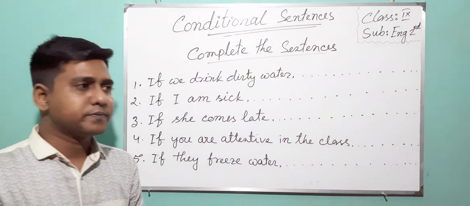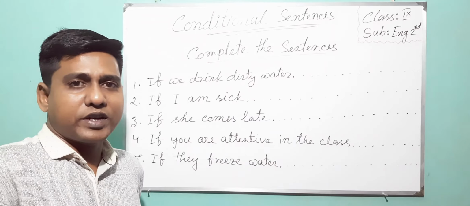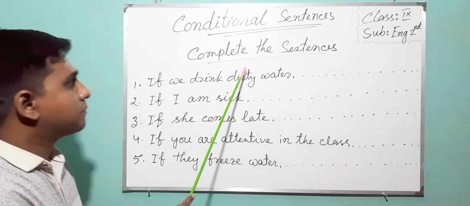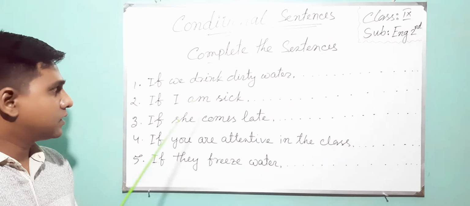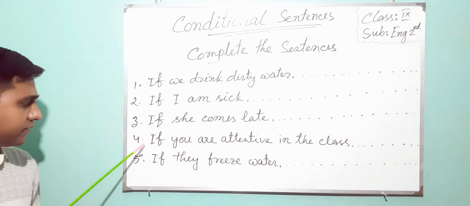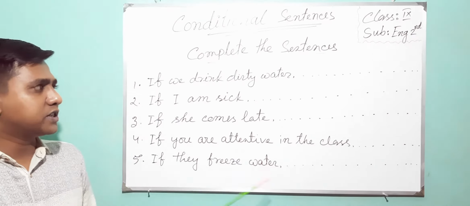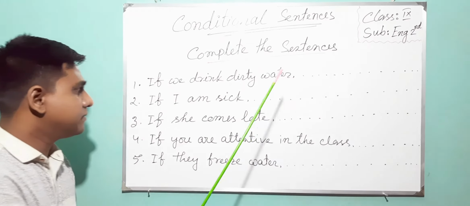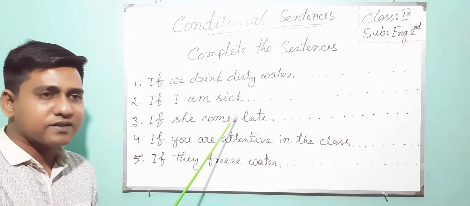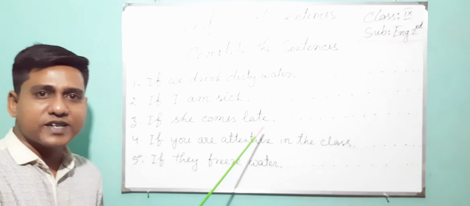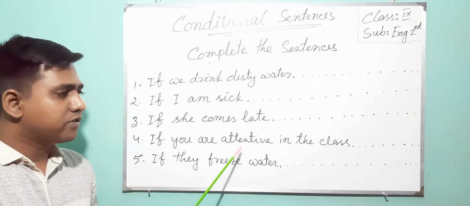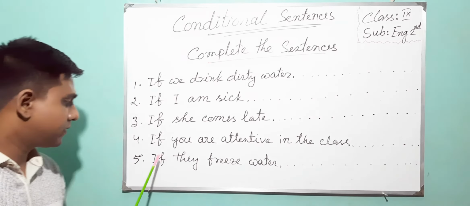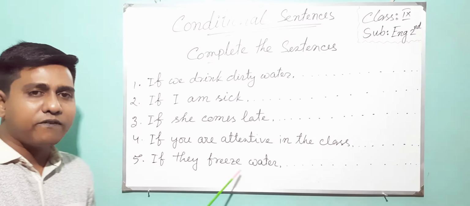Dear learners, once again open your writing copy and take your pen, then complete these sentences. Here are 5 sentences for you. If we drink dirty water, if I am sick, if she comes late, if you are attentive in the class, if they freeze water.